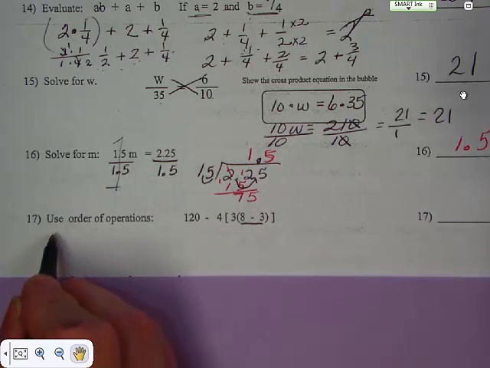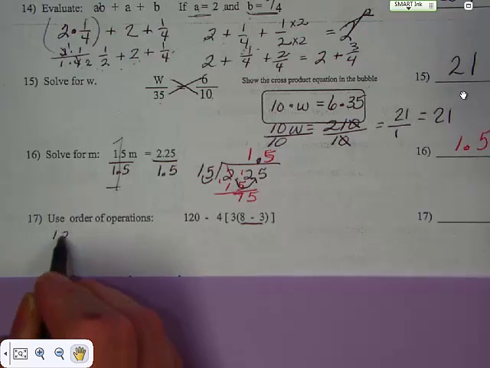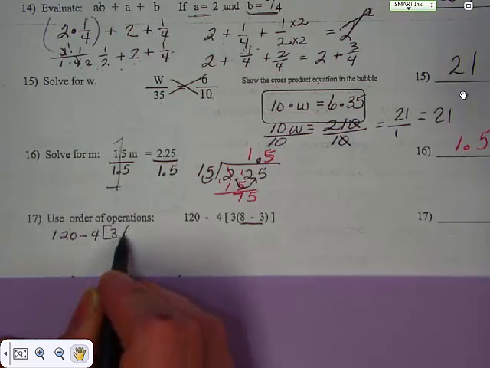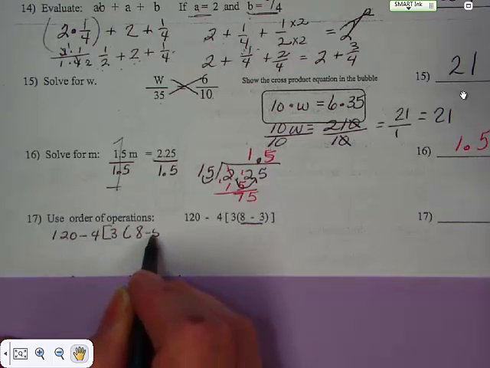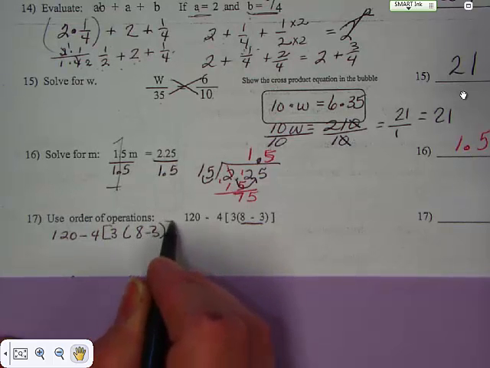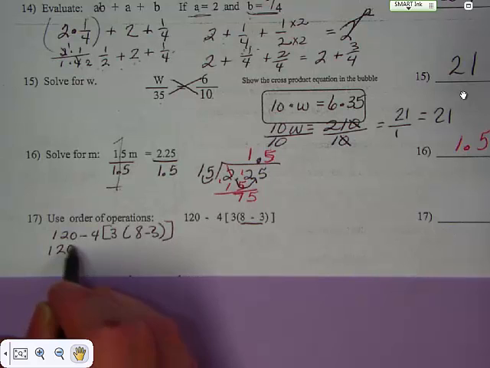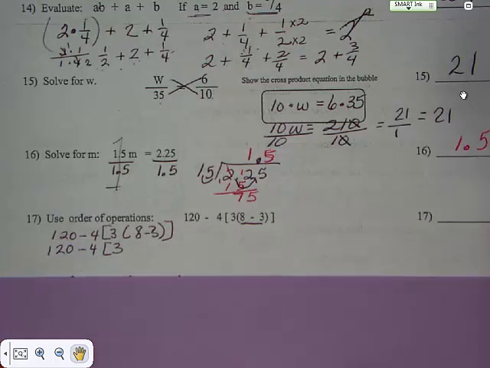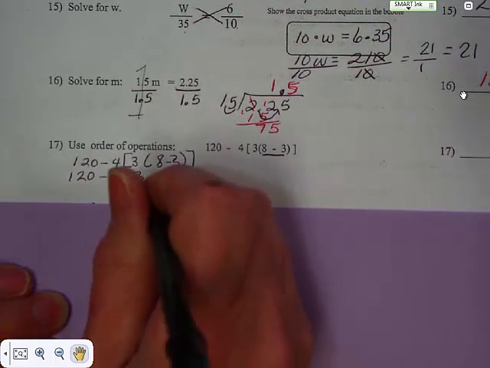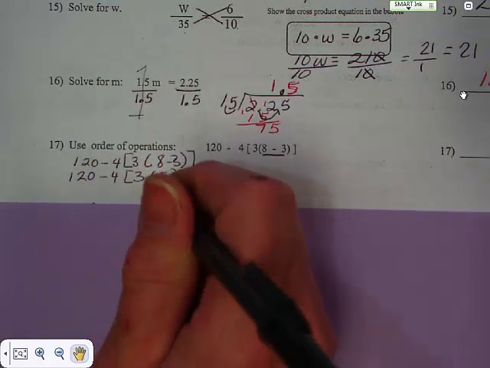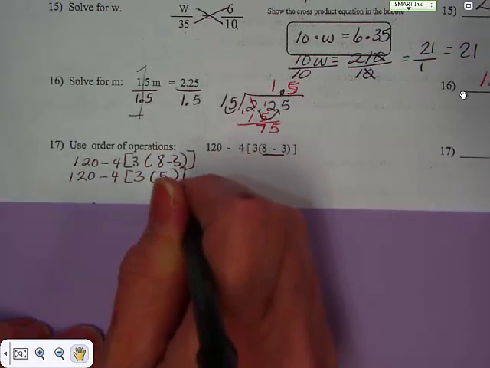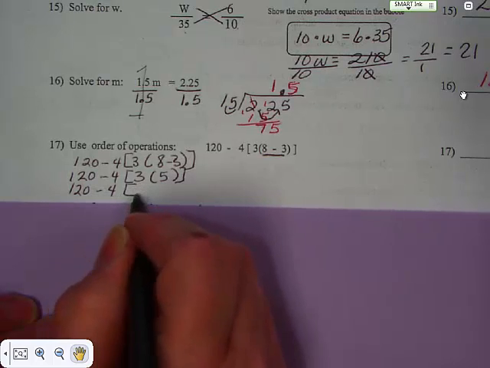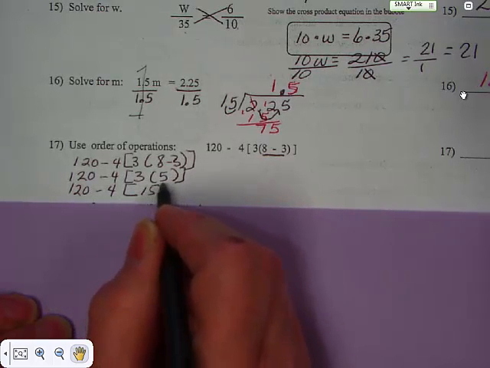So we end up with, I'm going to start over here, 120 minus 4 times 3 times 8 minus 3, which is 5. So 120 minus 4 times 3 times 5 is 15.